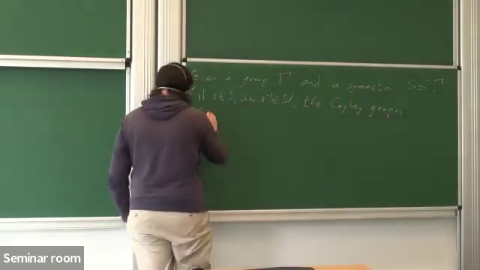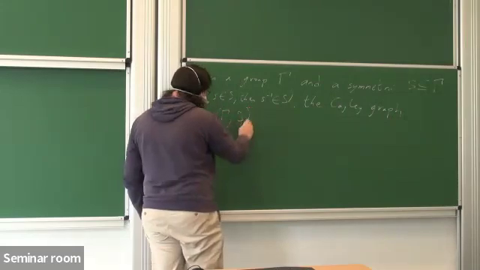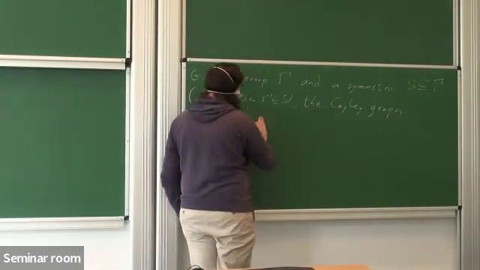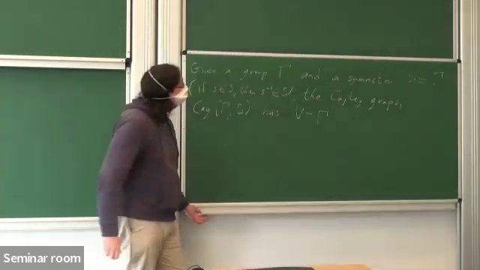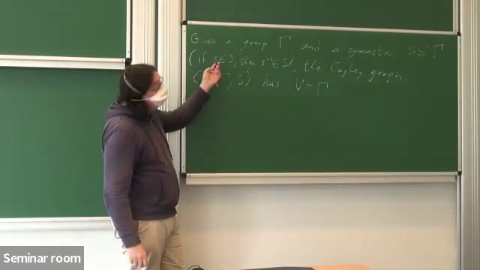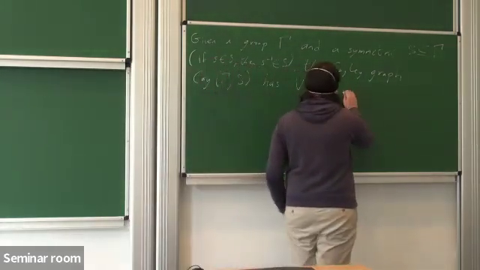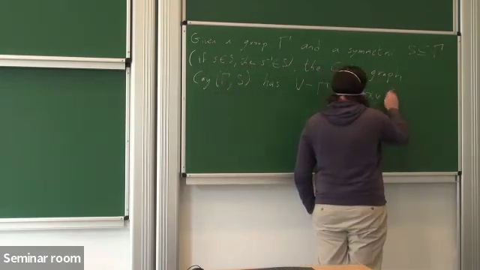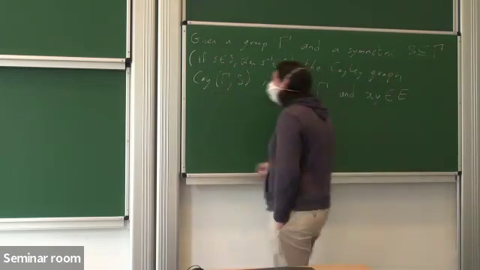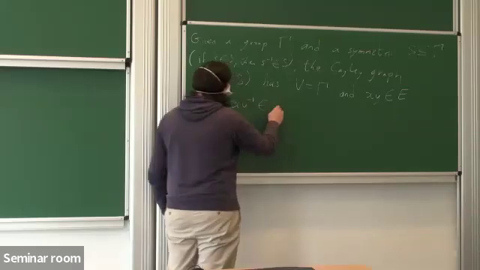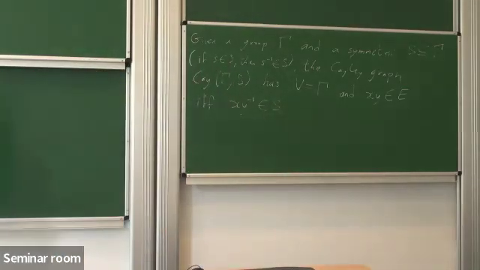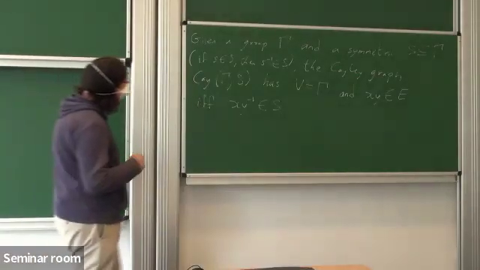The Cayley graph K gamma S is the graph with vertex set equal to the group, and two vertices are joined if they differ by an element of S. So xy is an edge if and only if x y inverse is contained in S. And the reason you make S symmetric is because you want the same thing to be true, that yx inverse also denotes an edge, but yx inverse is the inverse of xy inverse.